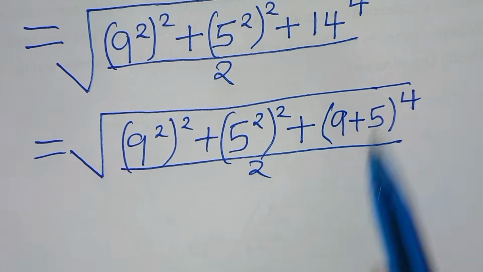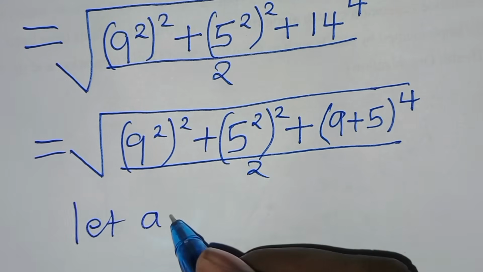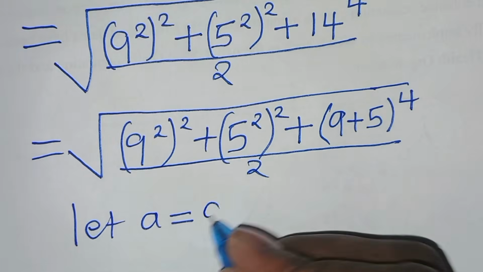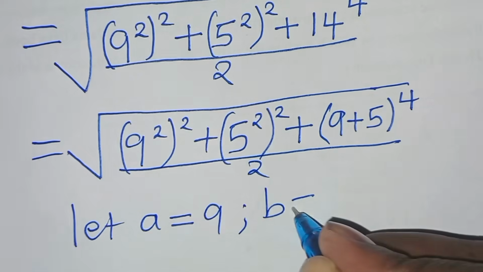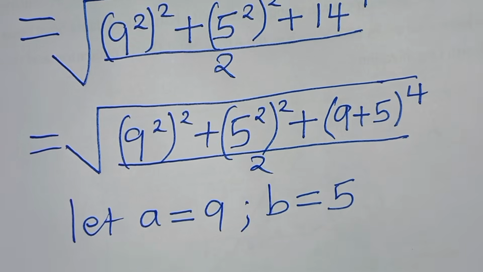The next step from here, we can say let A be equal to 9 and let B be equal to 5. So let's substitute this.